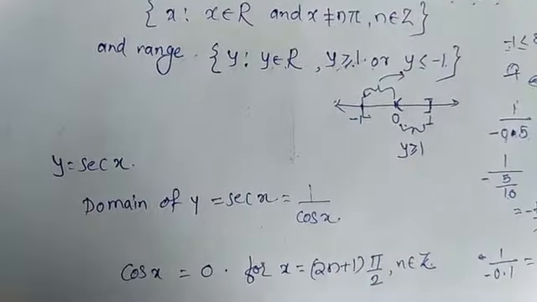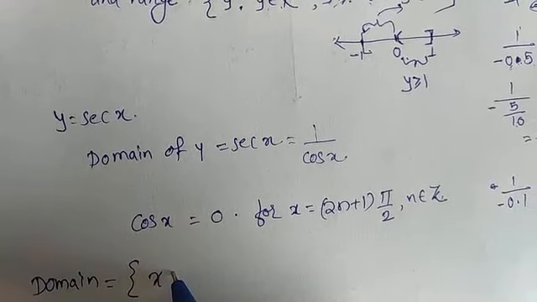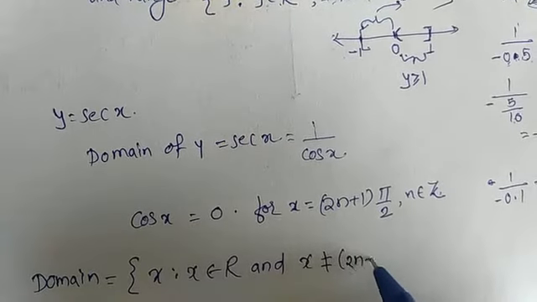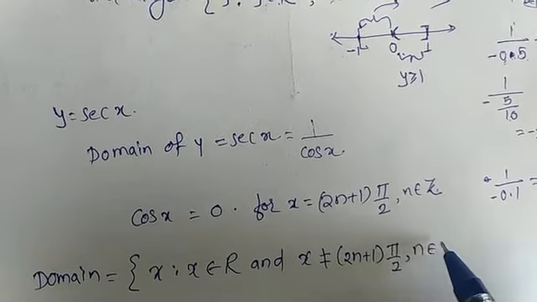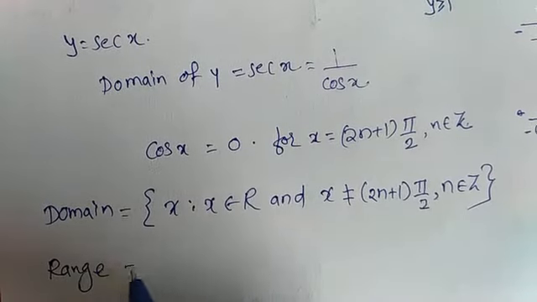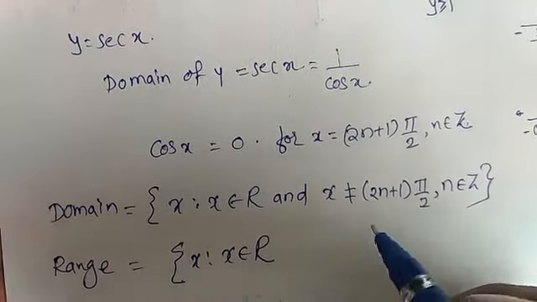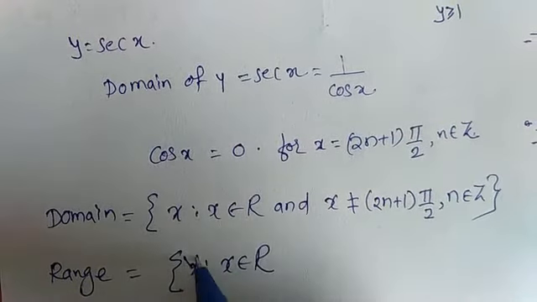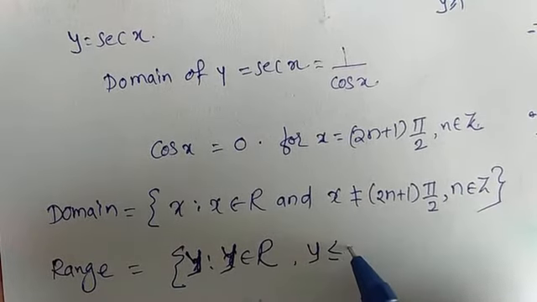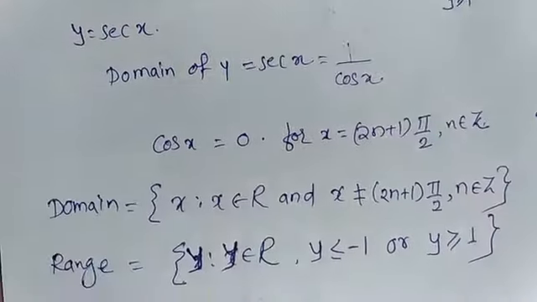So you can write the domain of y as the set of x such that x belongs to R and x not equal to (2n+1) pi by 2, n belongs to Z. Okay, and the range is the set of y such that y belongs to R, where y is less than or equal to minus 1 or y is greater than or equal to 1. Okay, similarly as cosec x.